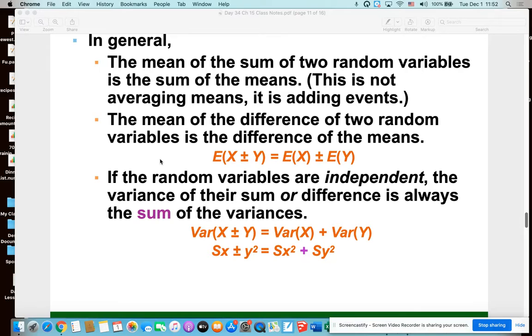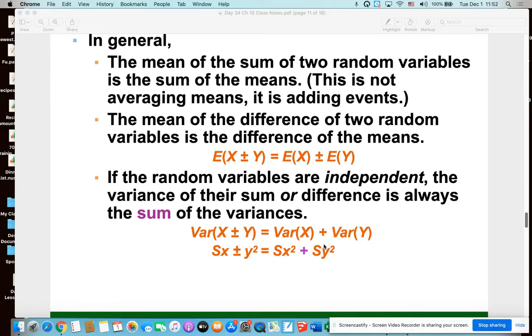The total itself had its own mean, and then the handful of M&Ms that I pulled out had a mean as well, right? So if I did it again and again, you might get a little bit bigger or a little bit smaller handful that you're removing. So the means will just subtract, but the variances will actually add. So it's a little weird, but if you think about it, it makes sense.